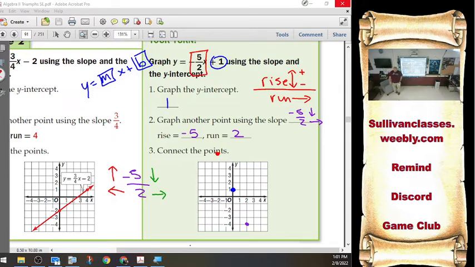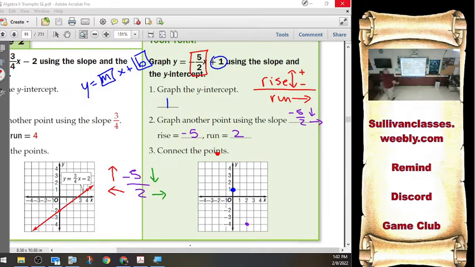Grab a straight edge. The reason I did that other point is because 2 points technically makes a line. That's even an axiom that you'll do at the beginning of geometry. But 3 points is how I know I'm right. Because if you screw up one of your points, then it doesn't quite line up. You remember your ruler kind of hitting like 2.5 points. It just wasn't quite right.